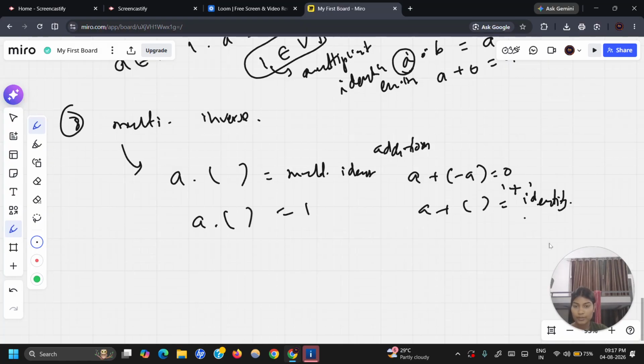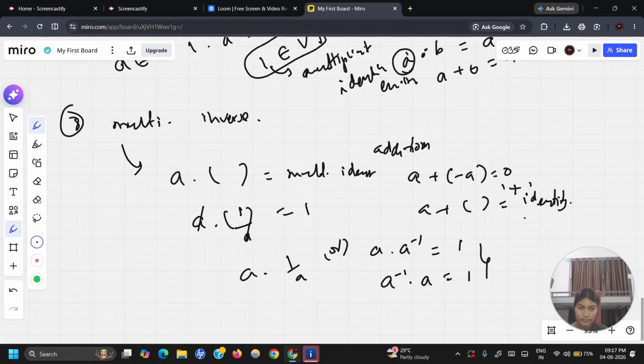That is A into something should be equal to 1. So what is this here? That is 1 by A. So if we cancel, we get 1. So A into 1 by A, or we say A into A inverse equals 1. And either way, A inverse into A equals 1.